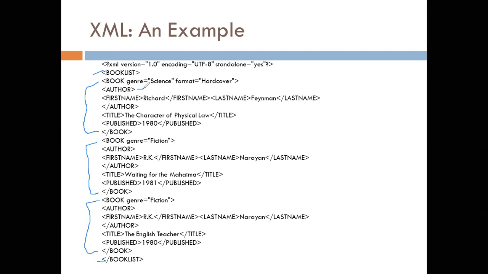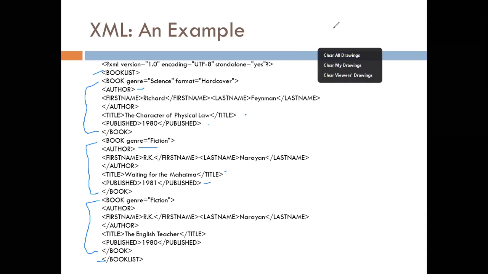Each book has author information, title, and published. The same data which we store in table format, we store inside the tags. That format or file we call XML.